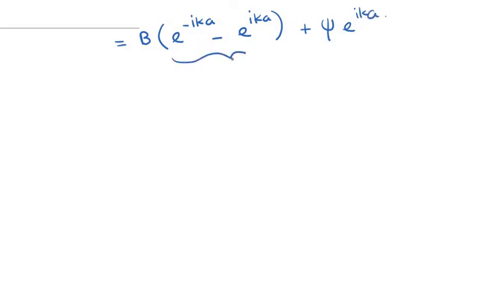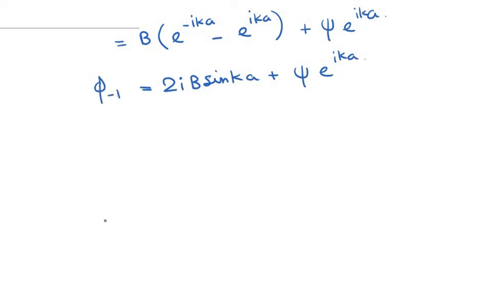So this is twice the sine term multiplied by i. So this is equal to minus 2i b sine k a plus psi e to the power i k a. And this is phi of minus 1.